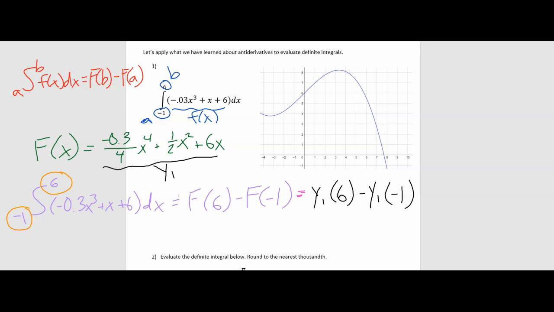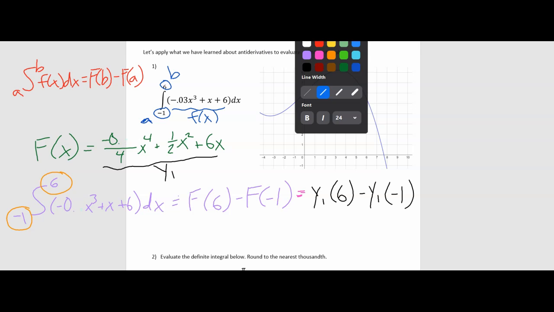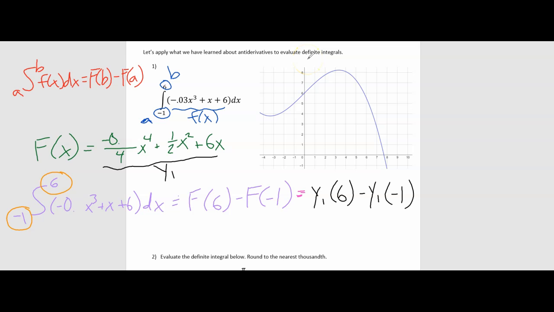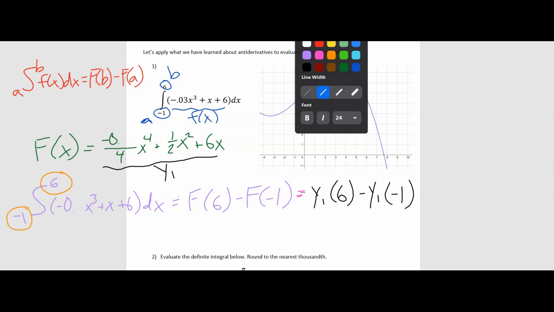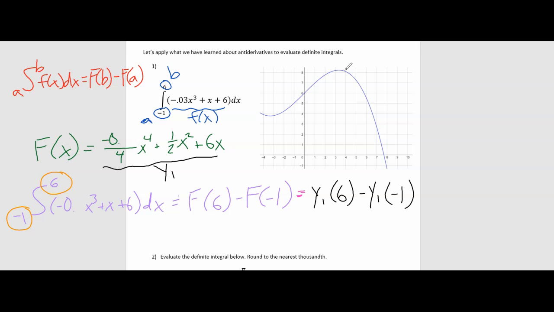I just want to clarify before I put this answer up here, I wrote this incorrectly. Some of you may have been wondering this for the last few minutes. This should be -0.03. Same thing down here. Not -0.3. When I was doing my math, I was wondering why my answer wasn't coming out to be correct, and that's why. I had missed a 0 in there.